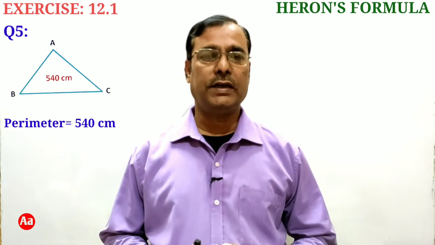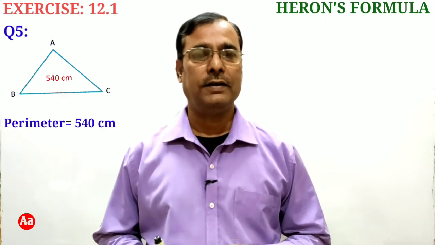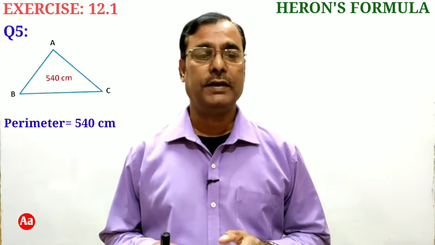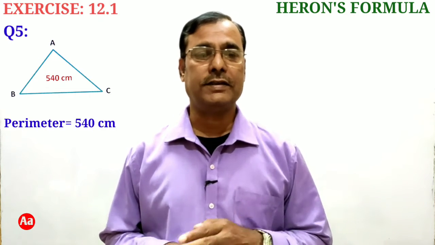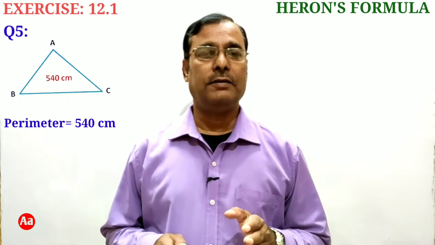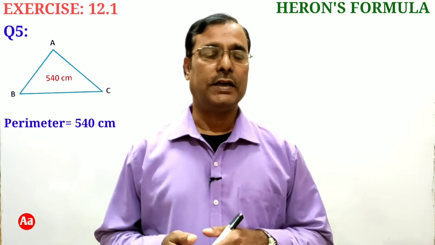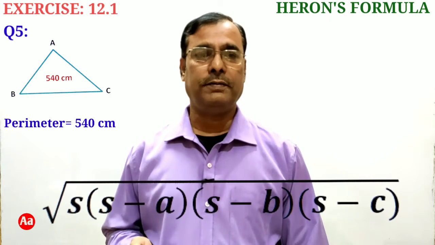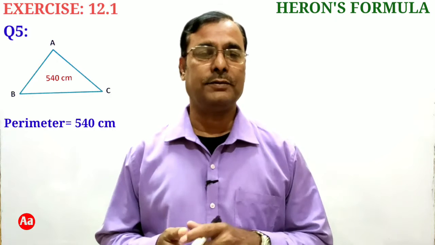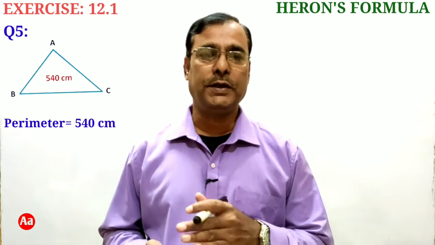In this question we are not given the lengths of the three sides of a triangle with perimeter 540 centimeter, but we are given a ratio of the three sides of the triangle and the perimeter of the triangle, 540 centimeter. To find the area of this triangle using Heron's formula, first and foremost we need to find the lengths of the three sides of the triangle separately, and that we can find using the perimeter of the triangle.